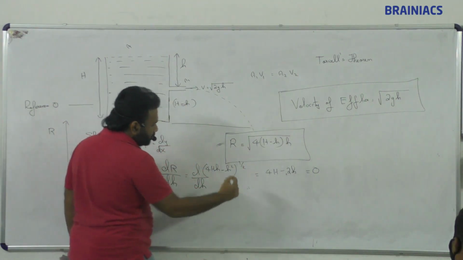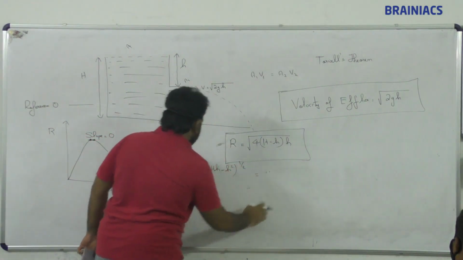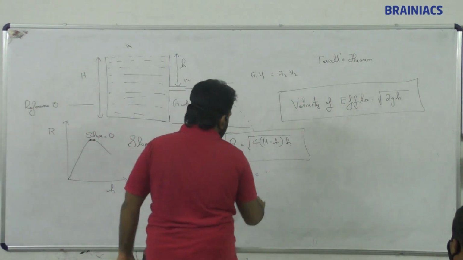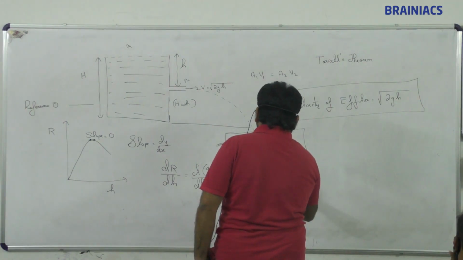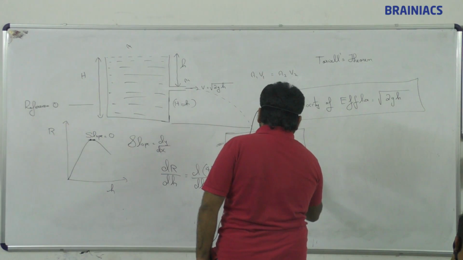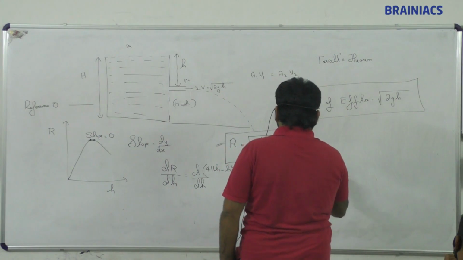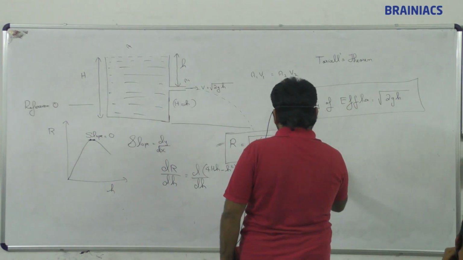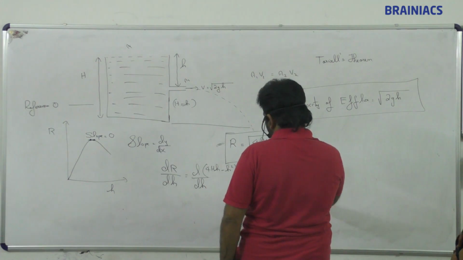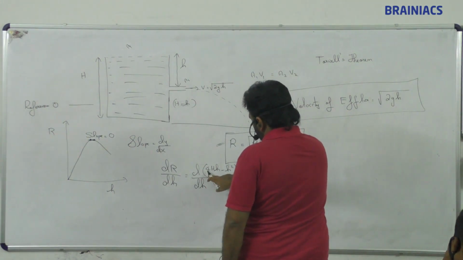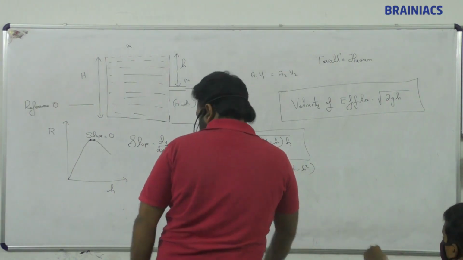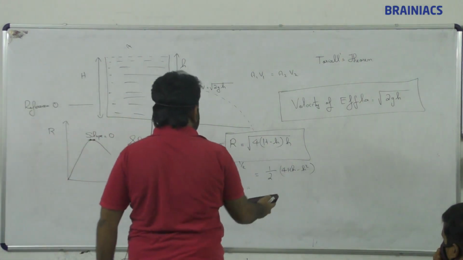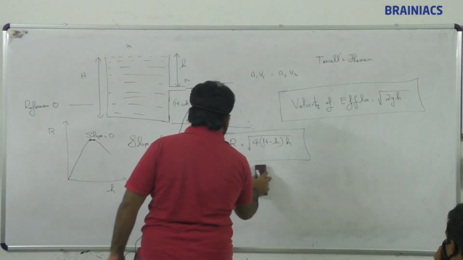So what we will do: 4h(H minus h), 4 is common for both.